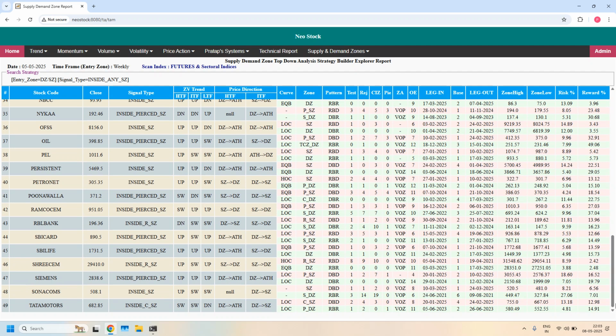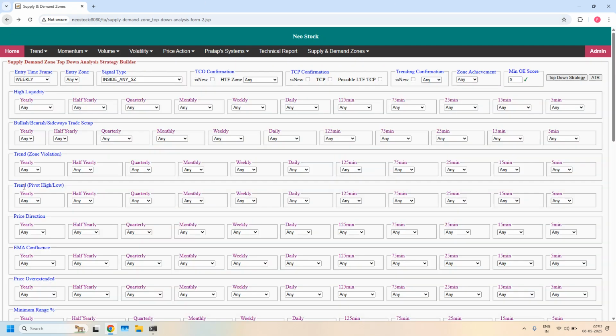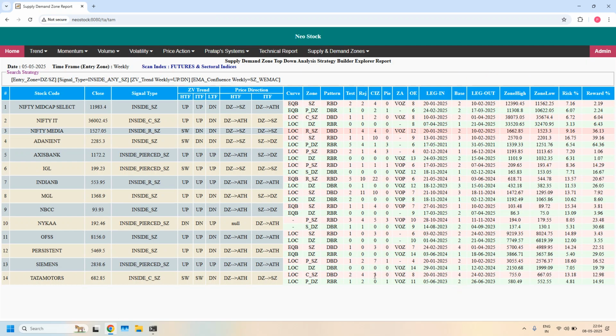We can further filter based on weekly supply zone having weekly EMA confluence, and also trend on this weekly should not be sideways. It can be up or down. So we got 14 stocks. This is about weekly time frame.